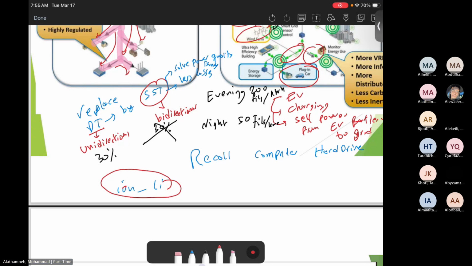So the answer is to try to find different sorts of batteries, not lithium-ion. For example, solid state batteries. There is what we call the fuel cell, or I would say a hydrogen fuel cell battery, or hydrogen battery.